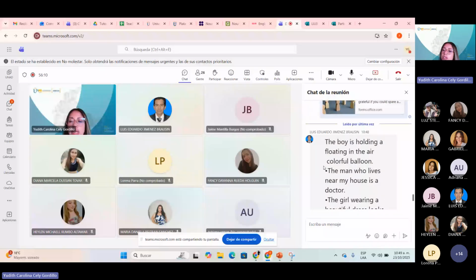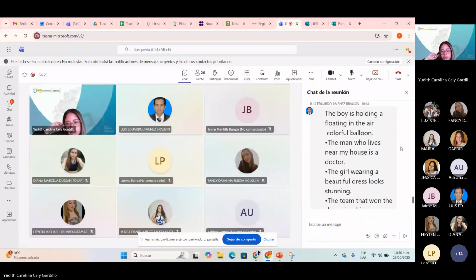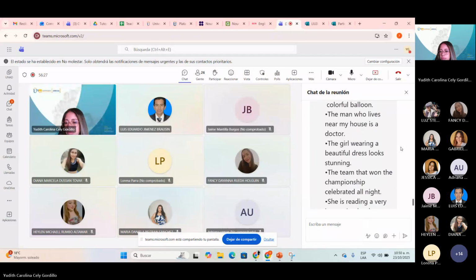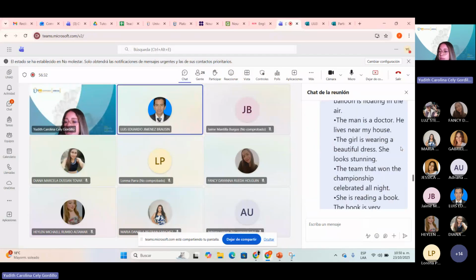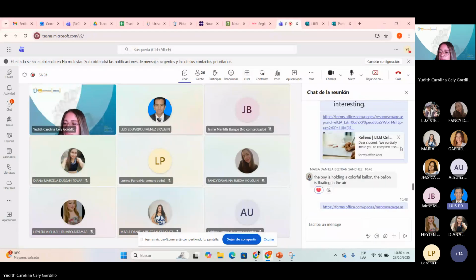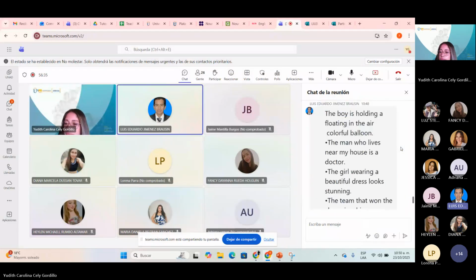You are going to read your statement, Luis. Thank you so much, Teacher Carolina. Okay, we are going to read, Luis. Are you asking me to read? Yeah, you read. The boy is holding a floating in the air colorful balloon.